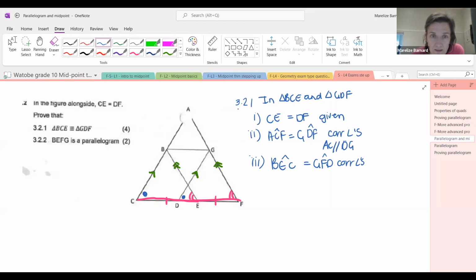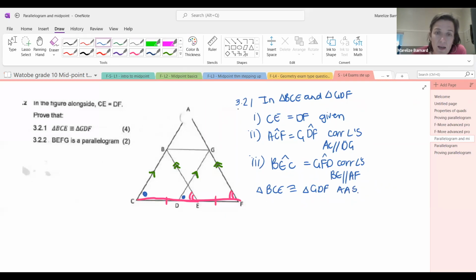And that's because BE is parallel to AF. And then we've got triangle BCE congruent to triangle GDF, and that's for angle, angle, side.